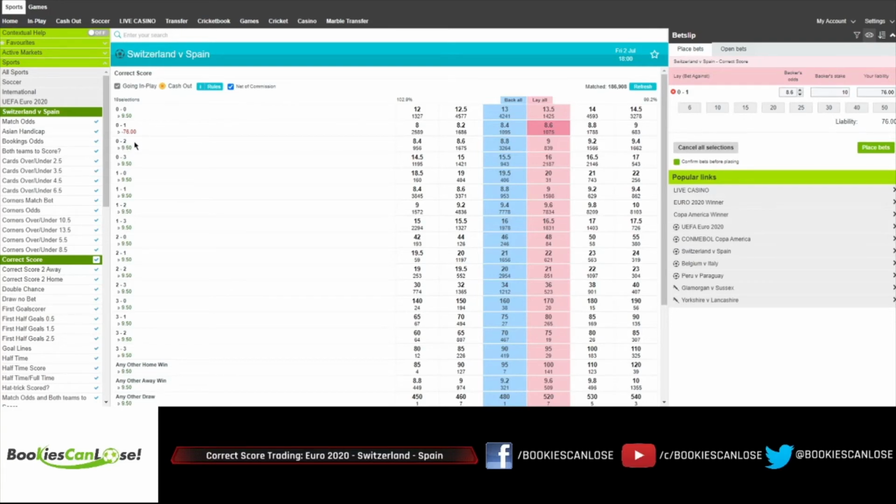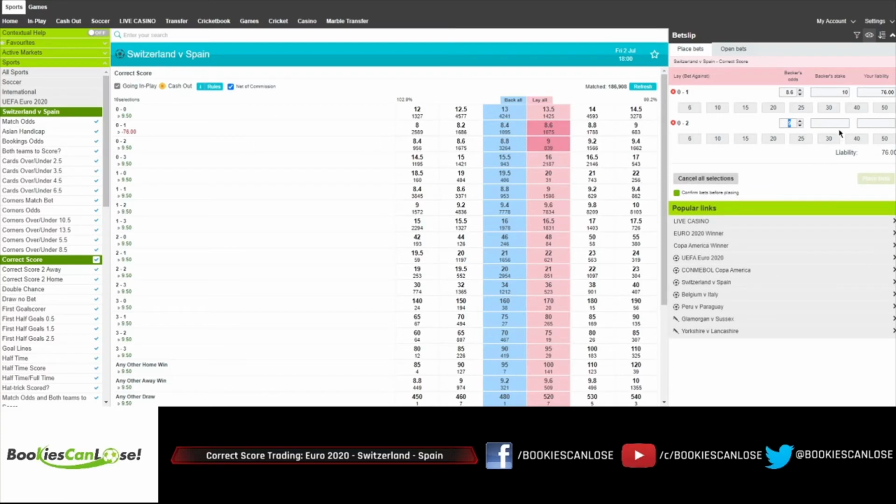But again, you would be looking at minus 76 if it ends 0-1. Not really good. But you can say that it won't end 0-1 or 0-2. You can say that I'm pretty sure that Switzerland will score. If Switzerland scores, both 0-1 and 0-2 are dead, immediately the odds will be increased to 1,000.